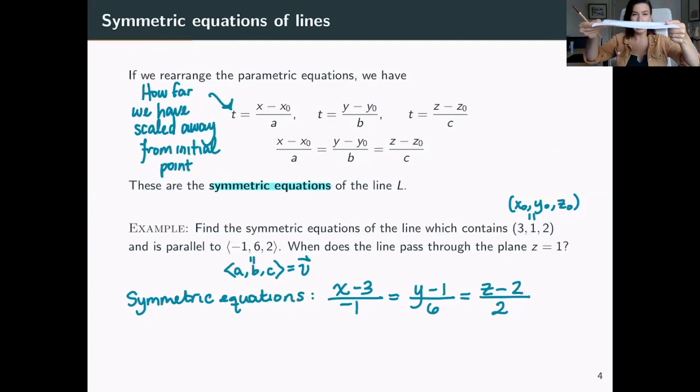So if this is my plane z equal to 1, and I want to find out where this line intersects, I want to know for what value of x and y we have when z is equal to 1. So all we need to do is set z equal to 1 in these symmetric equations.